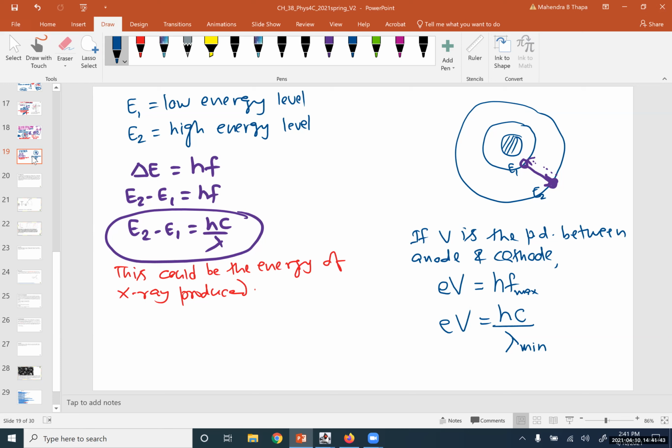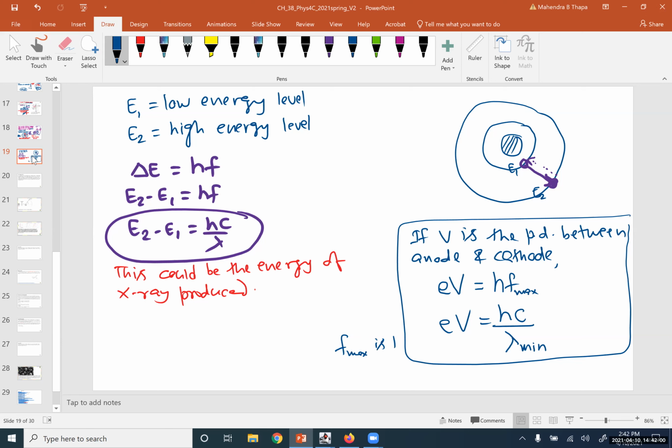Okay, so V is the potential difference between anode and cathode in the picture. This f maximum is the maximum frequency of the emitted X-rays.